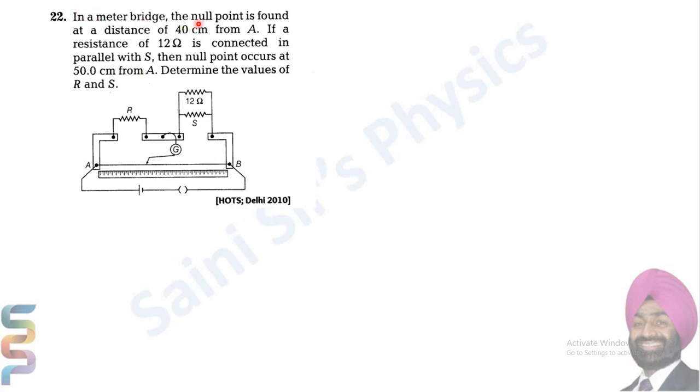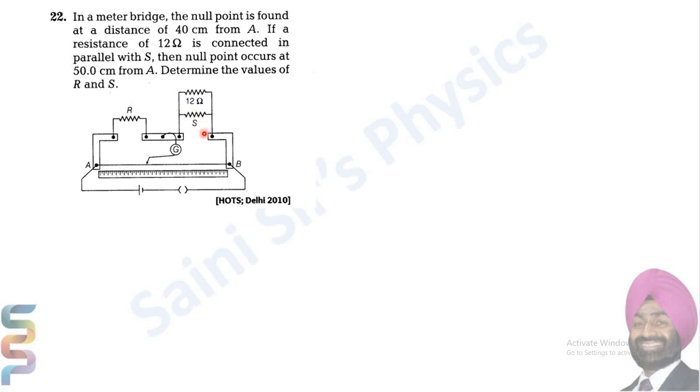Okay, this is a question from Delhi CBSE exam 2010. In a meter bridge, the null point is found at a distance of 40 centimeter from point A when a resistance of 12 ohm is connected with S. The word shunt is used; shunt means parallel. Please take care.